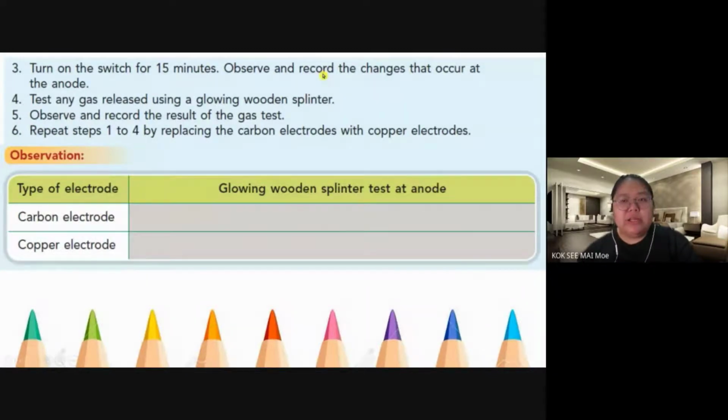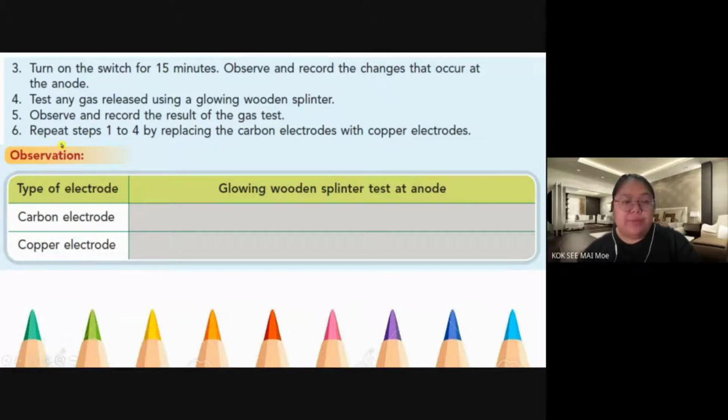Observe and record the changes at the anode. We just look at the anode. Test any gas released using a glowing wooden splinter. That means they want to test for oxygen or not. Observe and also record the result of the gas test.